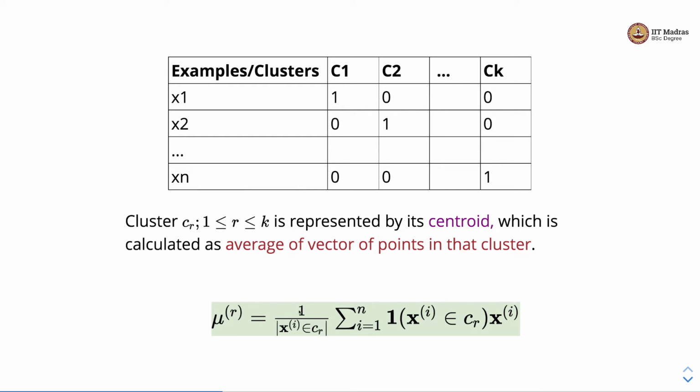So we are using that for taking the average, and here we are summing up over all n points, the n vectors and examples, and only those examples are added that are part of this cluster. So that is ensured by this particular function 1 of x_i belongs to R. So only those x_i's that are in cluster R will return 1 for this particular expression.